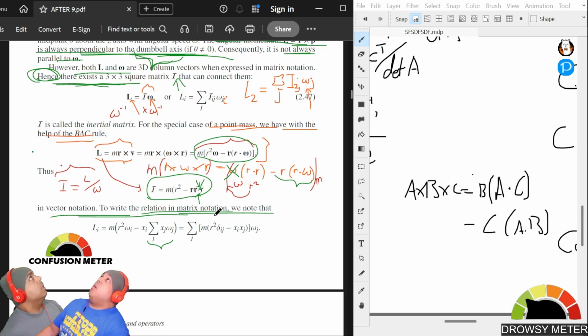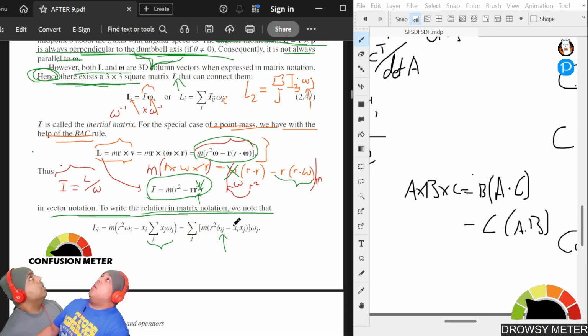Why are we summing j? Minus xi. Equals the sum of M R squared.